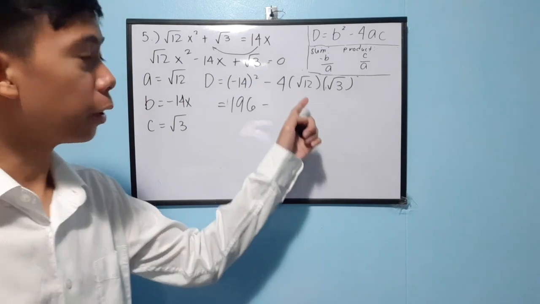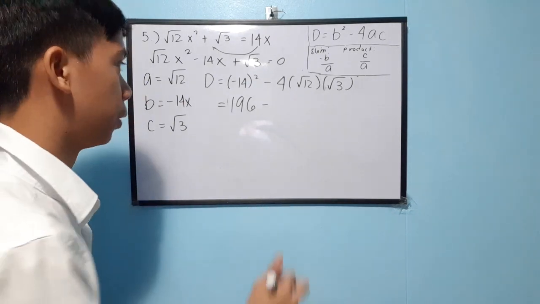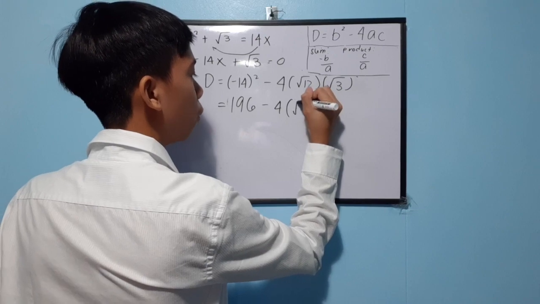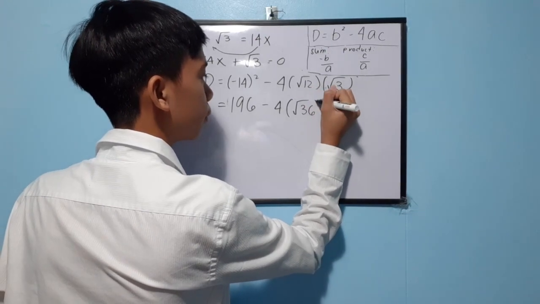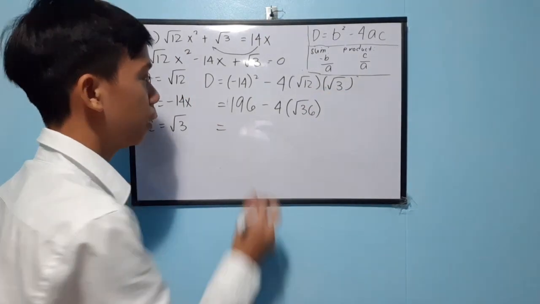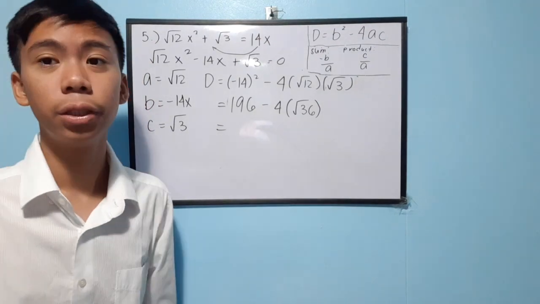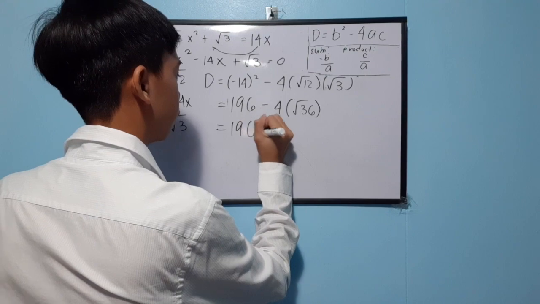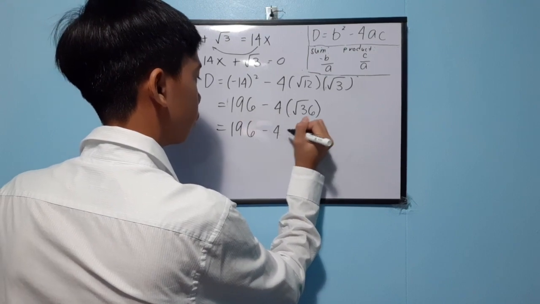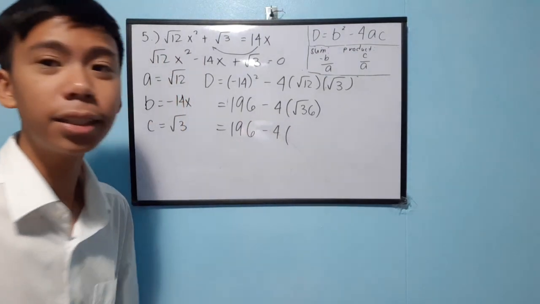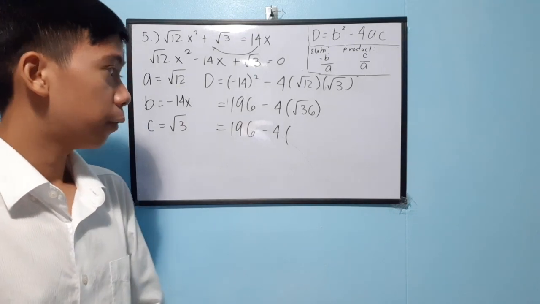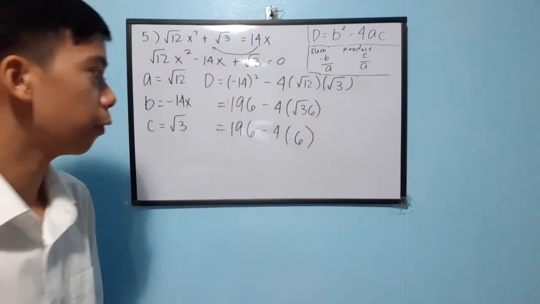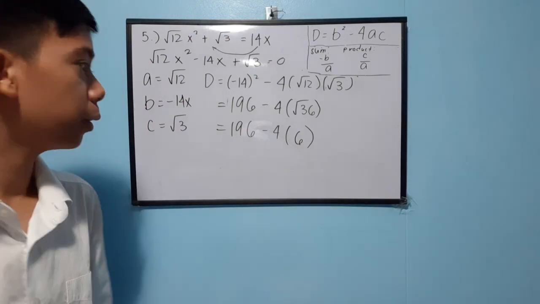Then square root of 12 times square root of 3 is equal to square root of 36. Now, let's find the answer to square root of 36. So the answer to square root of 36 is 6. 4 times 6 is equal to 24.